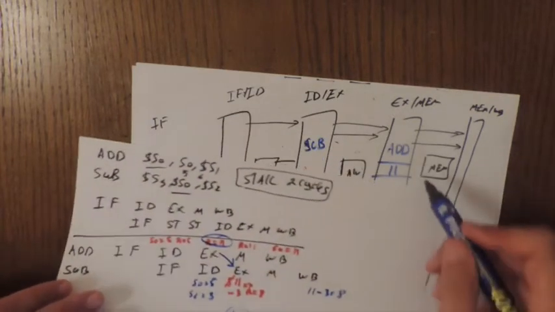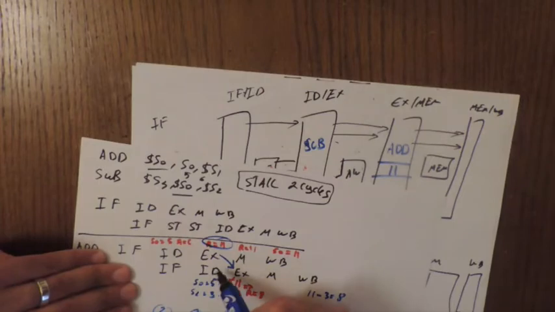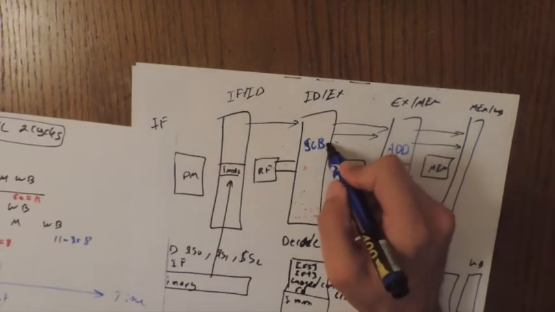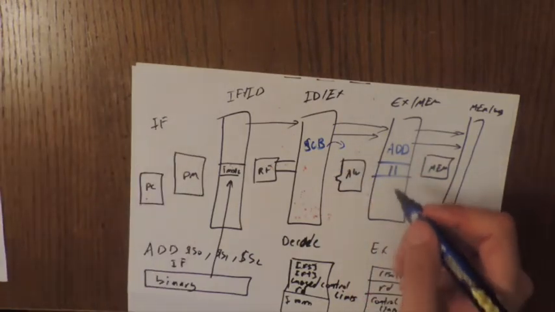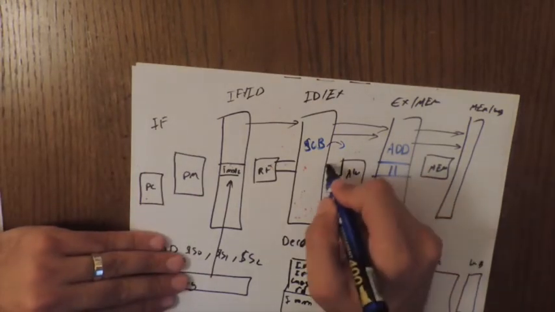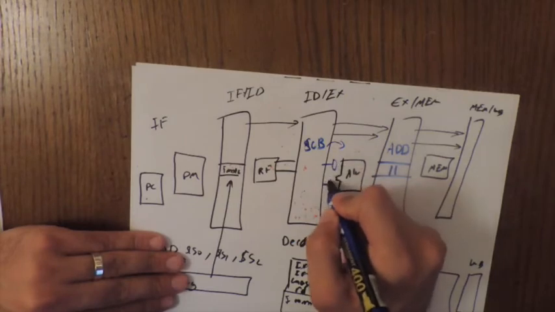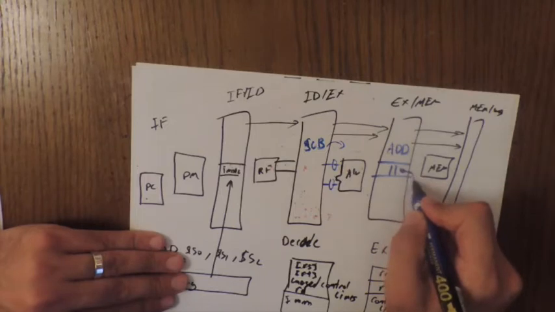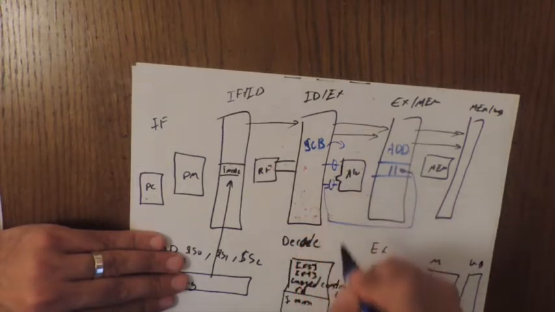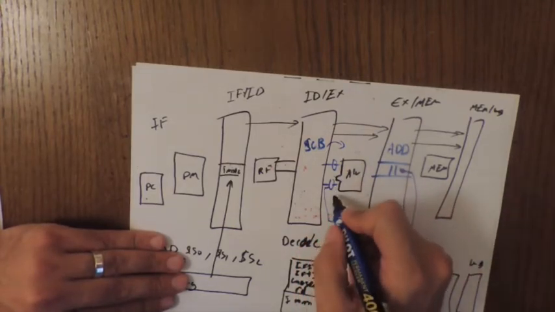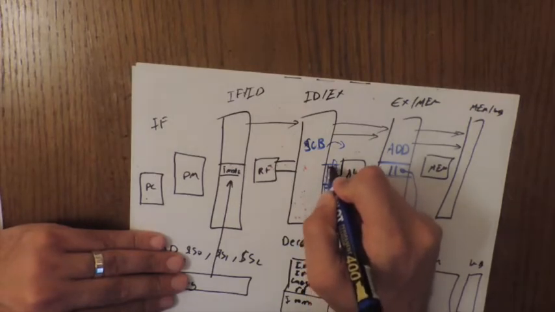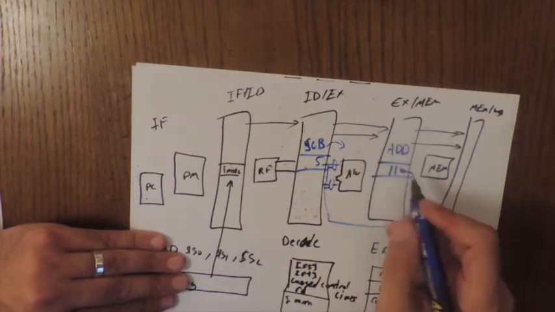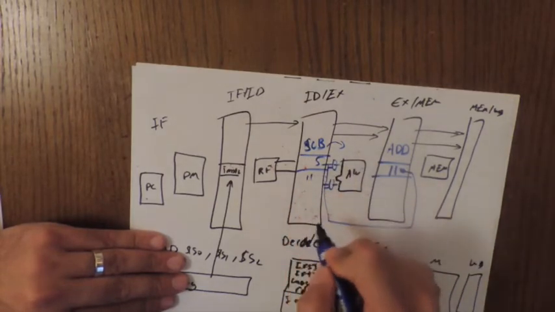So when I'm at the memory stage and the sub instruction is going into the execute stage, I can put some multiplexers here and get the result from here and say, okay, you know what, instead of using 5, which it has decoded, use 11.